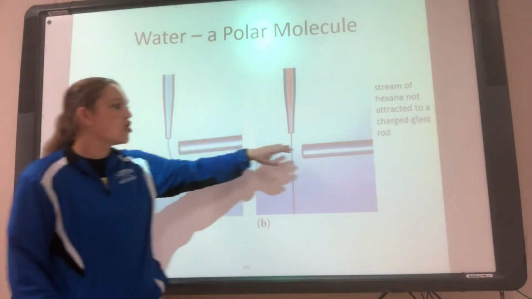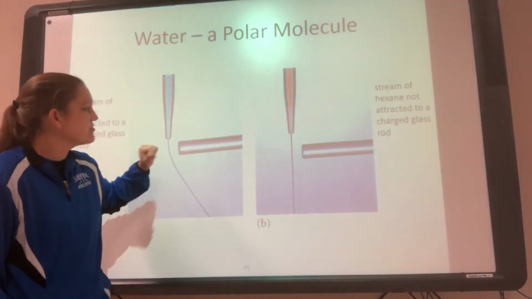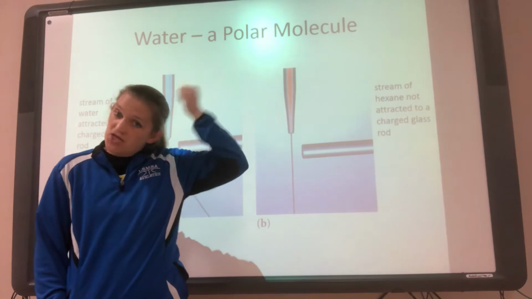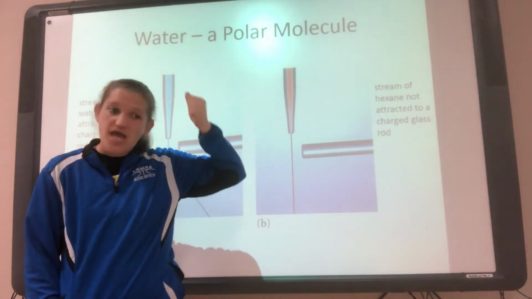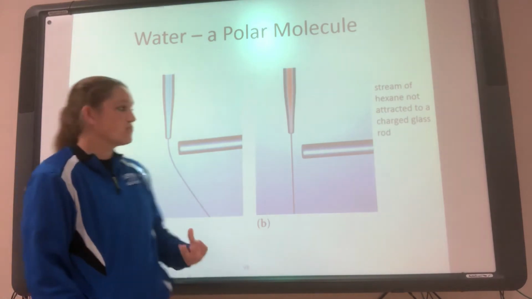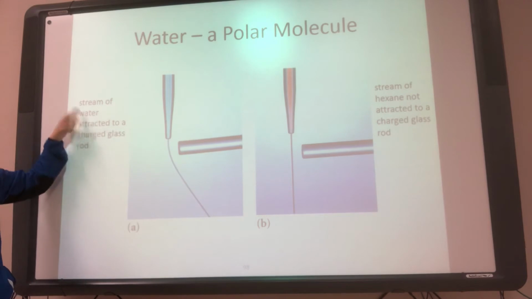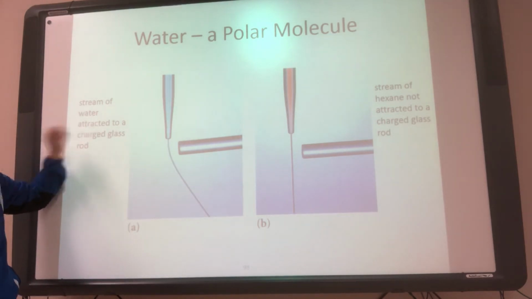And here, this is a charged rod. There's actually a lab experiment that we do sometimes where you take a balloon and rub it against your head, so it's static electricity, and then you put the balloon next to the liquid and see what happens. For example, this liquid is water, and water is a polar molecule.